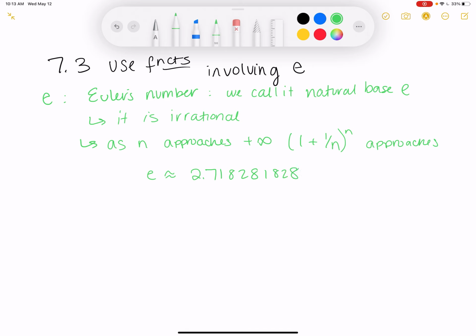That's a long number. You really just need to know that it's approximately 2.71, like we know pi is approximately 3.14. The rest of that definition, if you don't get it, don't worry about it. All that is telling you is what the number is.